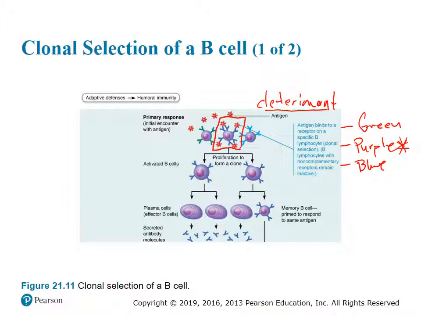Notice that the blue and the green aren't binding to the antigen because that's not the same exact receptor that they bind to. Remember that the adaptive immune system is about being specific. So we know that that particular B cell is specific to those particular antigens, and what it does is undergo clonal selection.